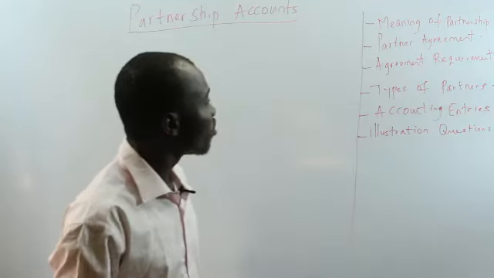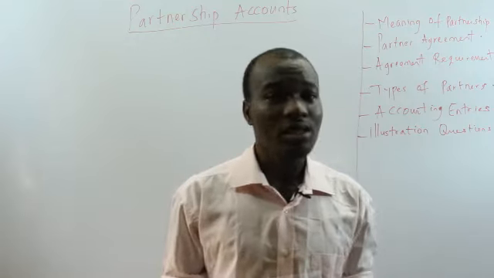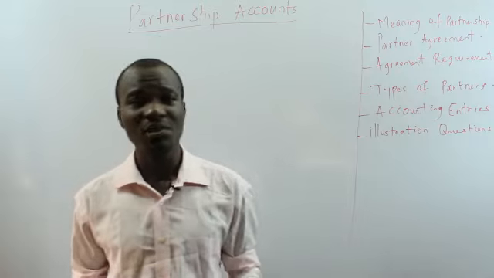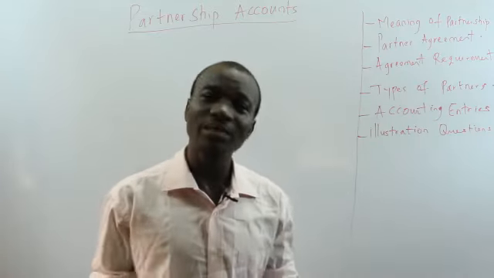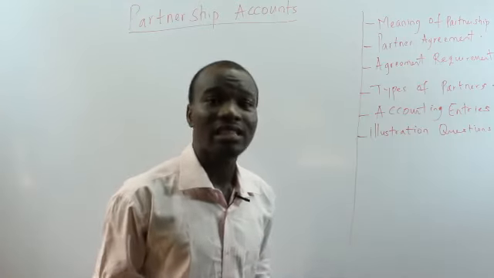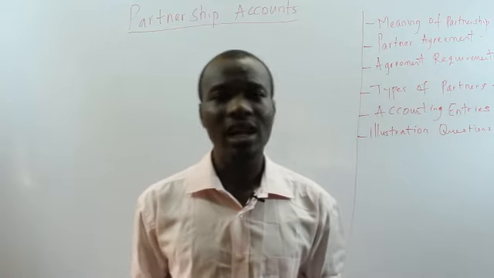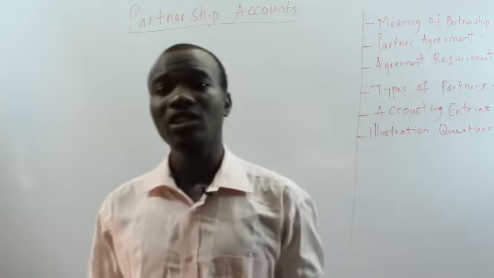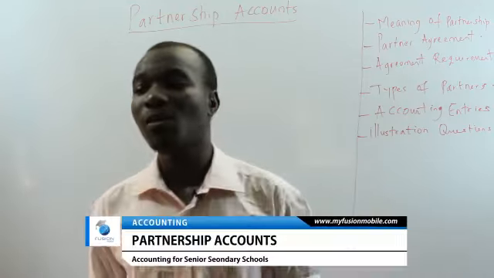So the next thing for us to move to is partner agreement. For partnership to be efficient and effective, it is mandatory for partners to have an agreement in the business, because that agreement will serve as a guiding rule and a guiding principle in the business. To ensure that partners conform with the agreement of the business, we have what we call the partnership deed, which contains the laws and regulations of partners in the partnership form of business.